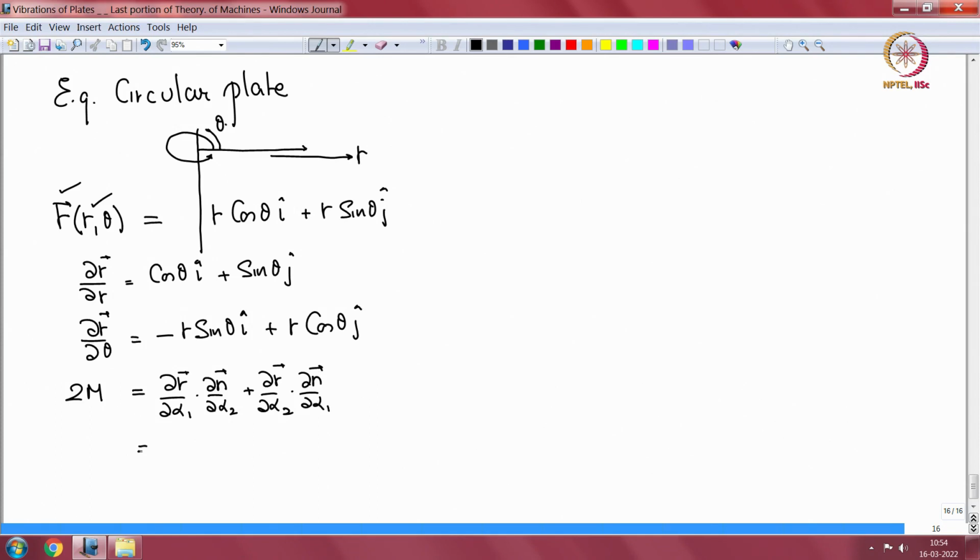In the current form it is del r del r dotted with del n del theta plus del r del theta dotted with del n del r. So we need n now.